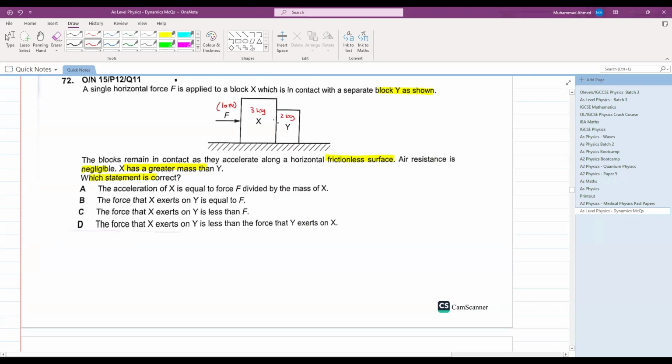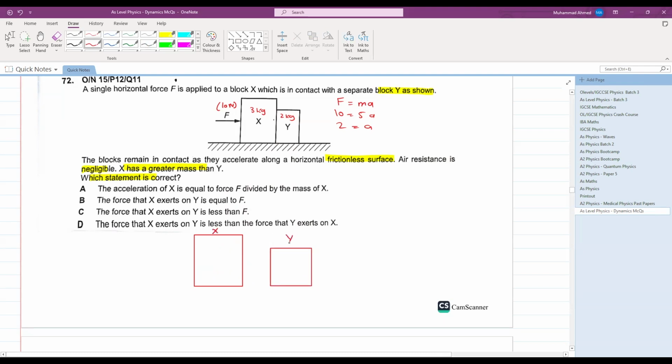If a 10 Newton force is acting on a mass of 5 kg, what will be the total acceleration? The total acceleration is 2. I know the examiner hasn't assigned values here, but I am doing it just so that you know how things work. Now let's break up these blocks X and Y into separate pieces.